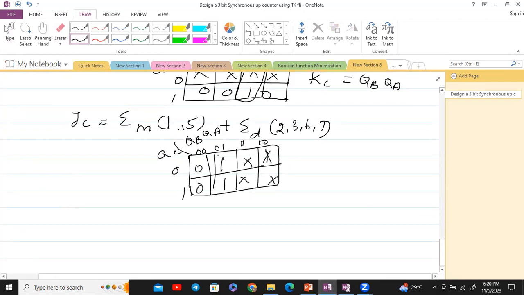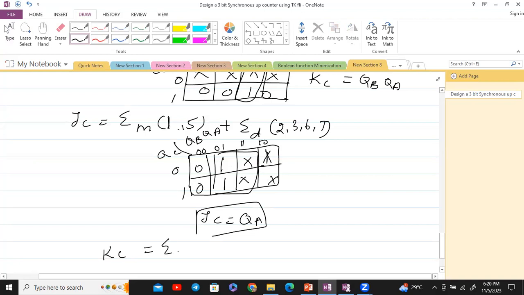Remaining two values are 0. So the simplified value is JC, which corresponds to QA. So what is the value for JC? It is QA.